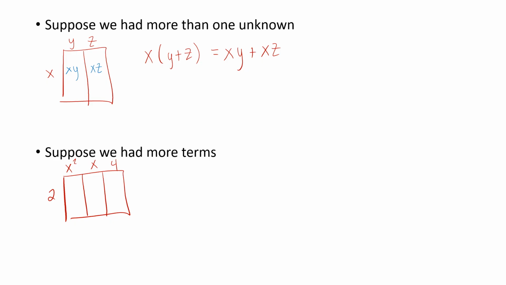If I wanted to find the area of this entire thing, I could take the x squared plus the x plus the 4, add those all together, multiply it by 2, or I could find the area of each individual one. So this would be 2 times x squared, this one would be 2x, and this would be 2 times 4. And both of those would give me the same area.